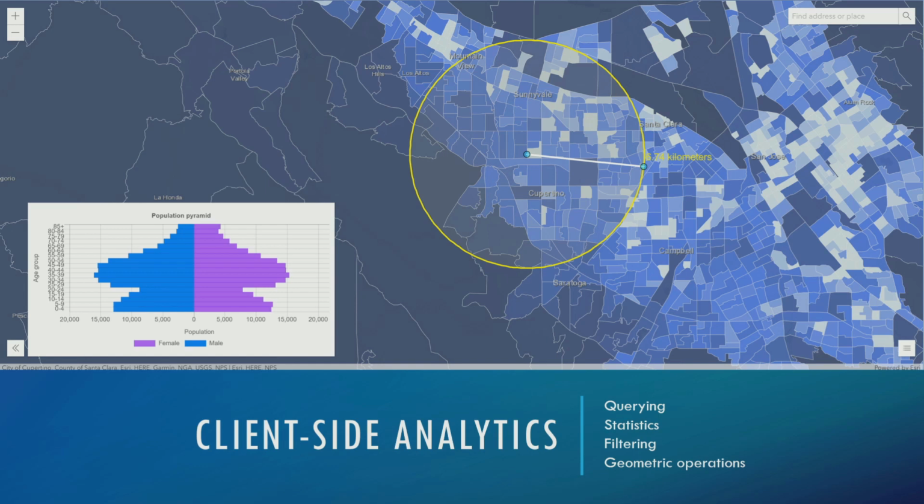So basically querying, filtering, geometric operations. We used to use the geometry service, if you guys remember that, to perform any sort of geometry operations. Now, there are very, very few cases where you actually have to do that. Almost everything can be done on the client using the client-side geometry engine, including projection, and performing statistical calculations as well.